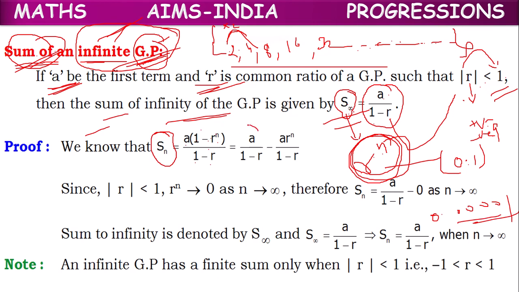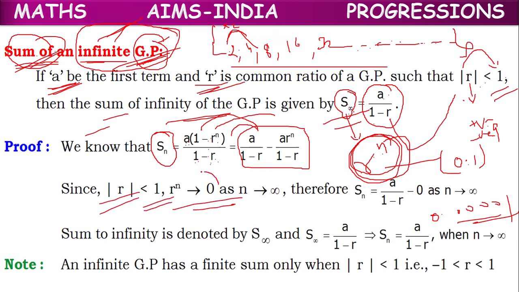So that's why we can directly keep it, since it is negligible. If we split it, we will have one component a by 1 minus r, and minus a into r power n by 1 minus r. This we can split into two parts. Since modulus r is less than 1, r power n almost approaches 0, its value is almost negligible.